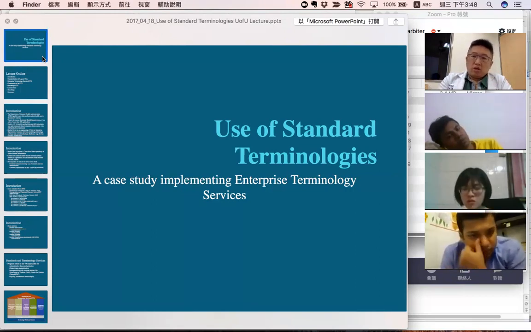Many of our faculty at the University of Utah were also employees of the VA. So the medical informatics department at the University of Utah has a close relationship with the VA.